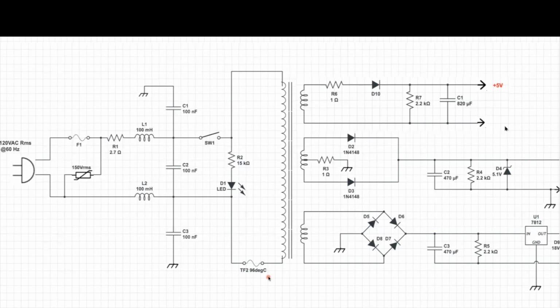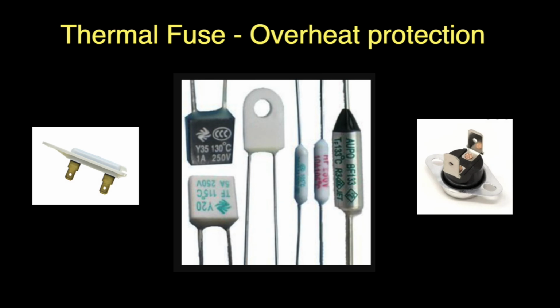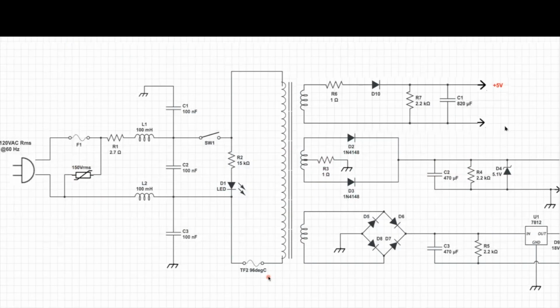We call it a thermal fuse. So essentially, it is placed on or in this particular power transformer. And if for some reason that power transformer runs too hot, it has a low temperature metal in it that at 96 degrees, it'll melt and interrupt power to the device.